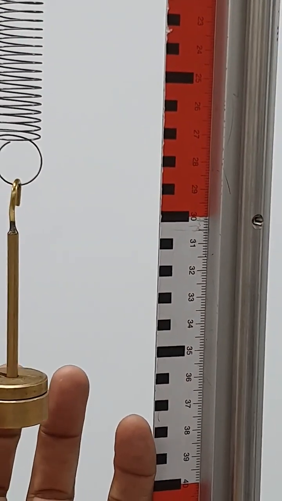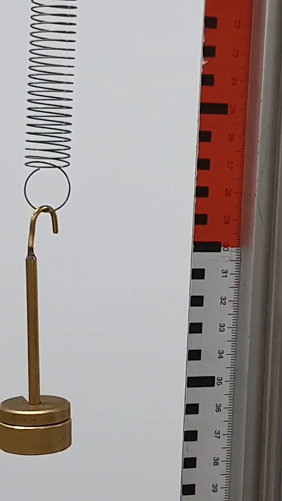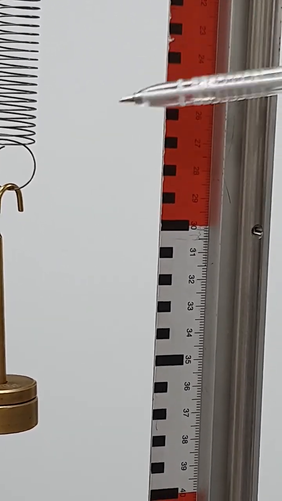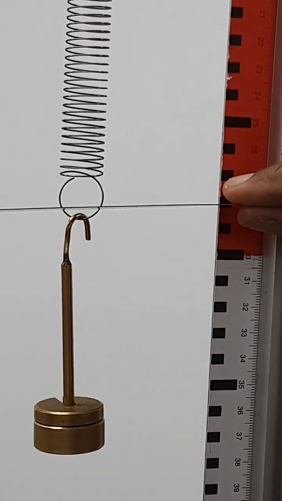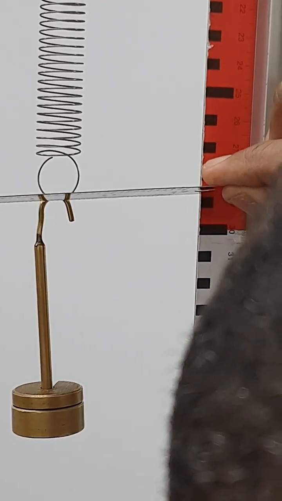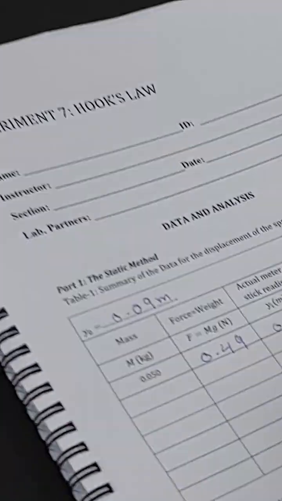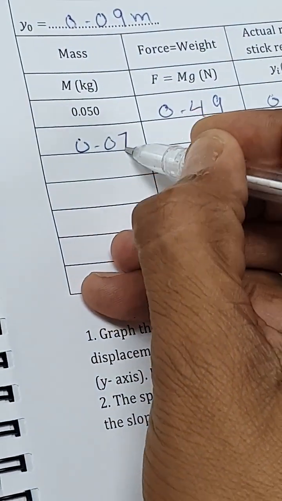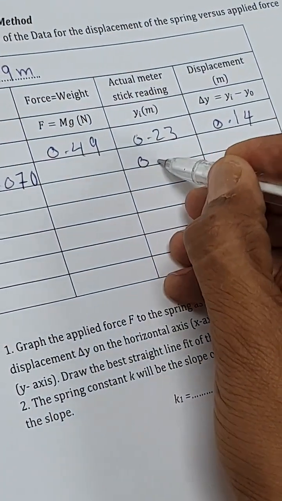The mass here is 70 gram, so it is 0.07 kilogram. The actual metric stick, you can read it here, is 29 centimeters, so it is 0.29 meters.